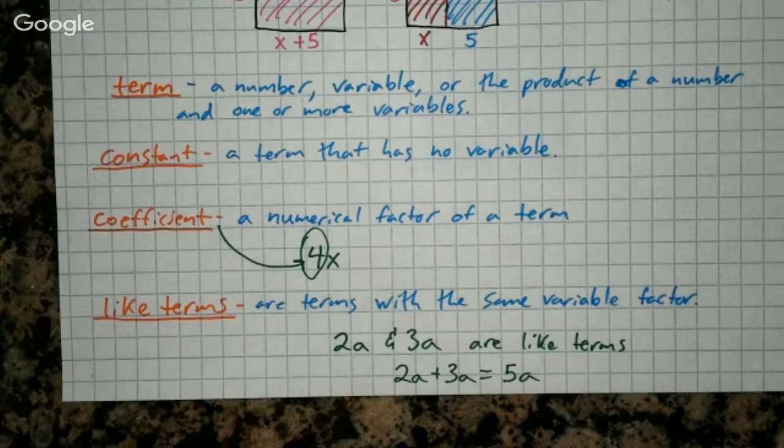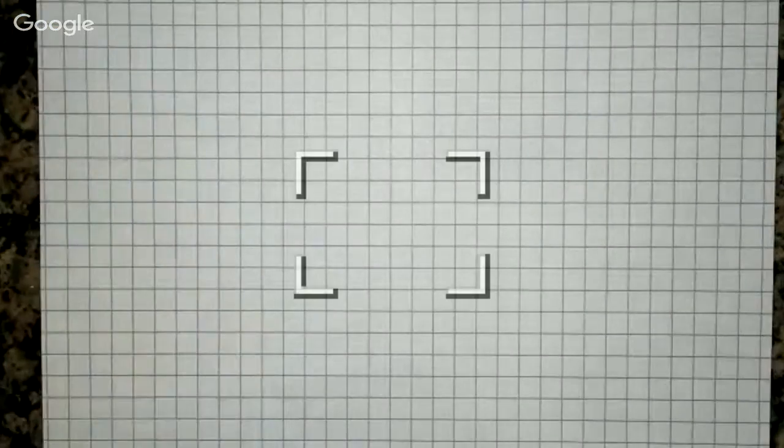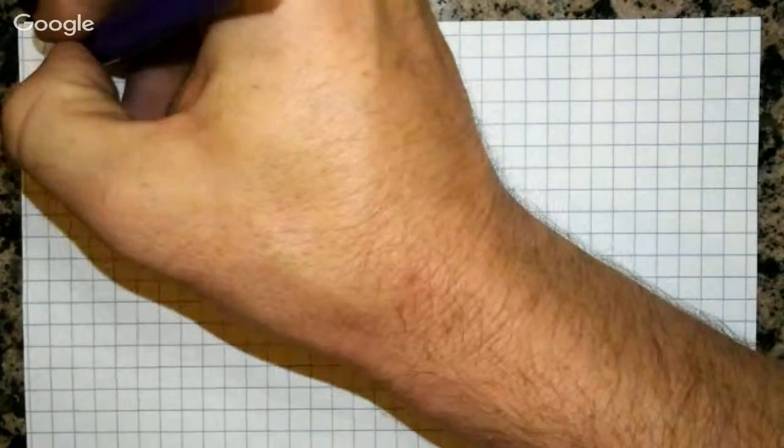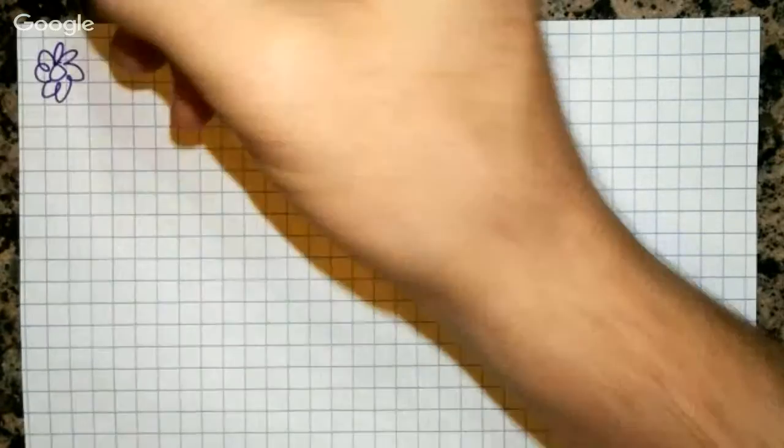All right. Let's go ahead and move on to our details. Now I'm running out of room here, so I'm going to go ahead and switch out the paper. And let's get some details. There we go. Okay. So let's go ahead and draw a flower for our details. Oh, it's a bad flower. That's okay.